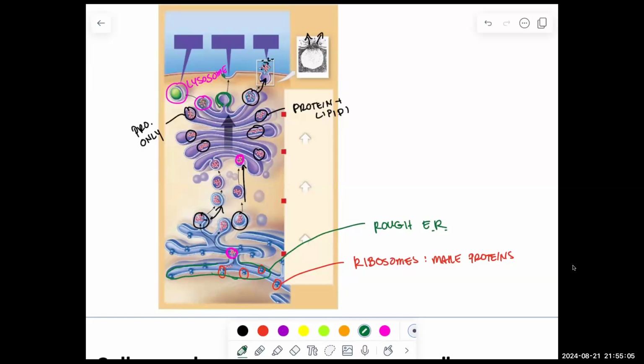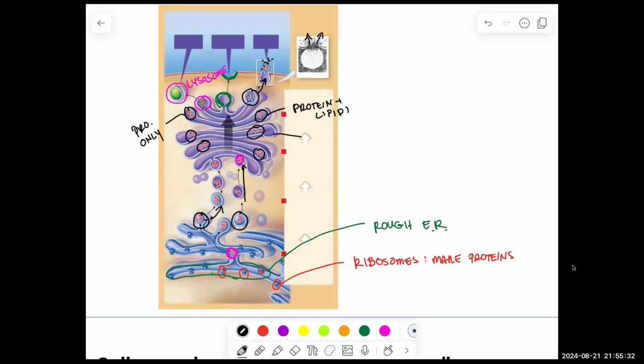All it's doing is taking that plasma membrane and moving it to the cell so it can make more plasma membrane. So it's making new organelles. It's making parts of the cell. It's sending things out of the cell. The Golgi body is distributing it throughout itself, throughout the cell.